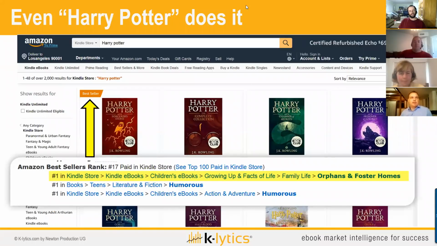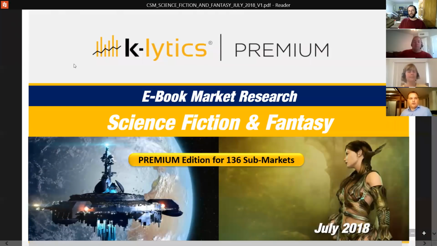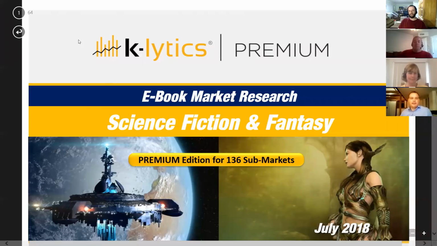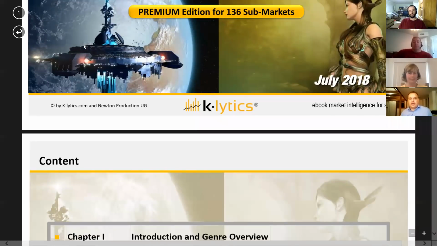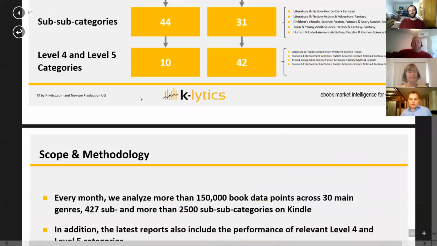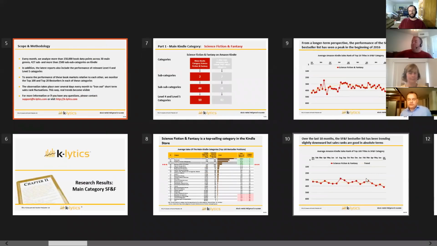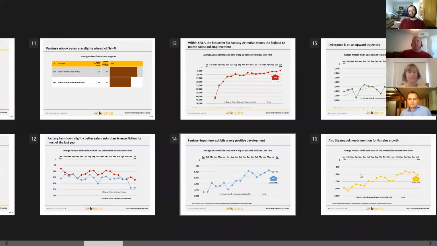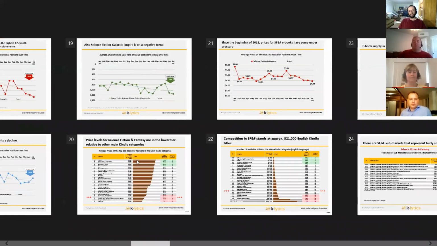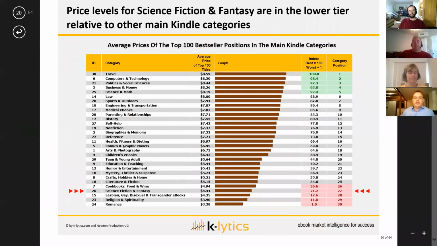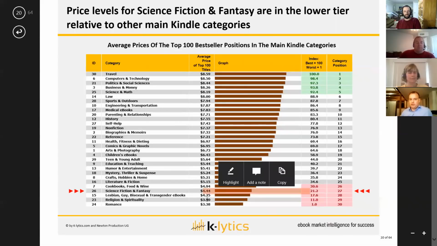As an example, if we go into sci-fi, you can look at a very high level how the prices develop over time. That can be helpful. Here you have the helicopter view, where sci-fi as a price point across the top 100, as an indicator, is at 4.44, lower than many other categories.